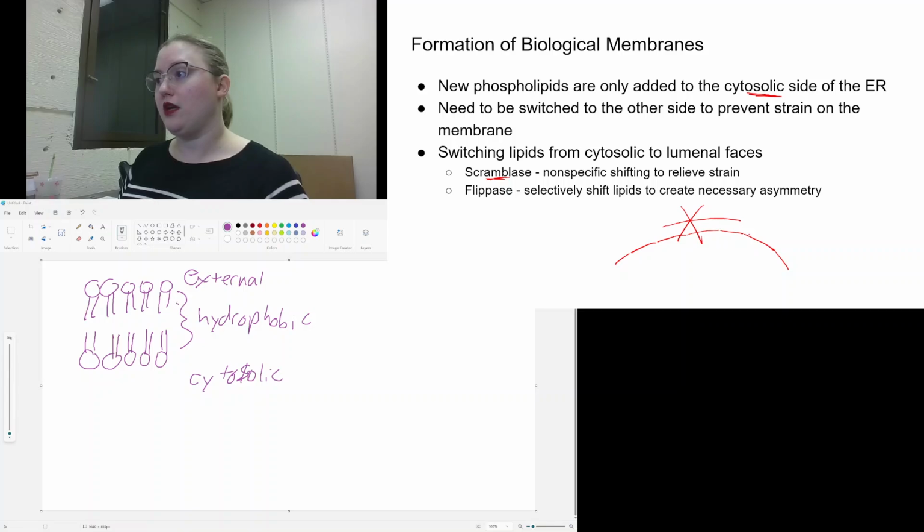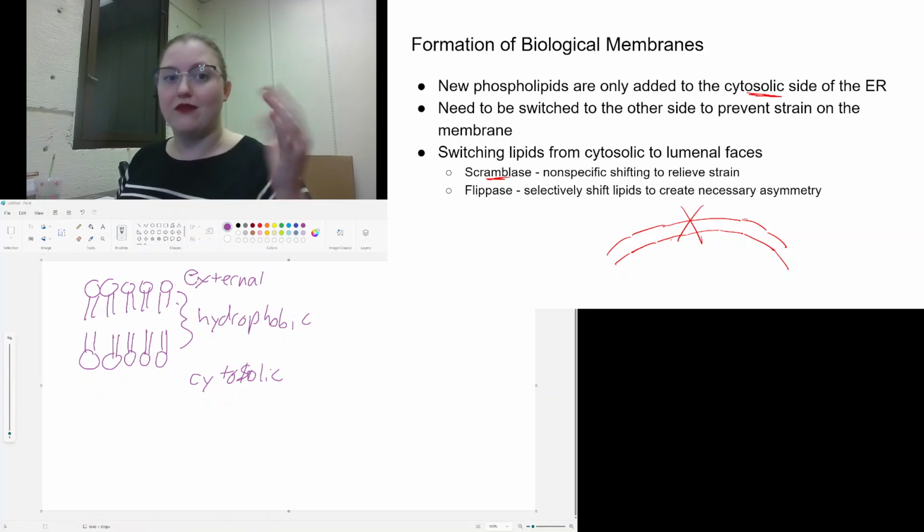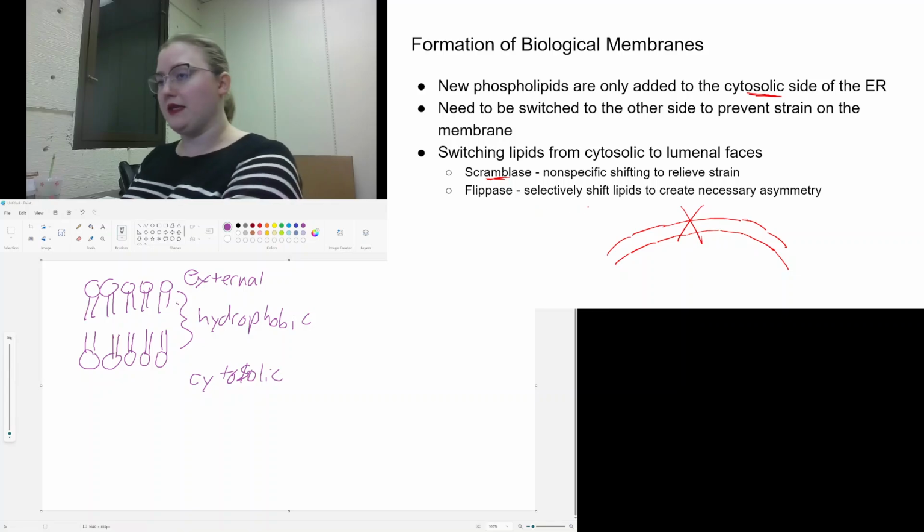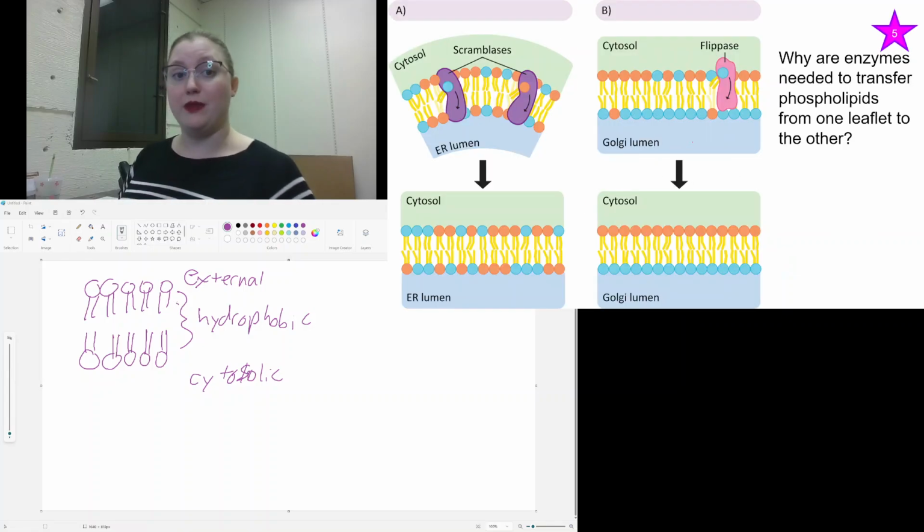Okay, so they're just going to take things from one side, switch them to the other, so that the two leaflets of the membrane are mostly equal. Flipases are specific. So we can see here, we got our scramblases. They're just moving things around willy-nilly. Our flipases are going to be moving things very specifically.